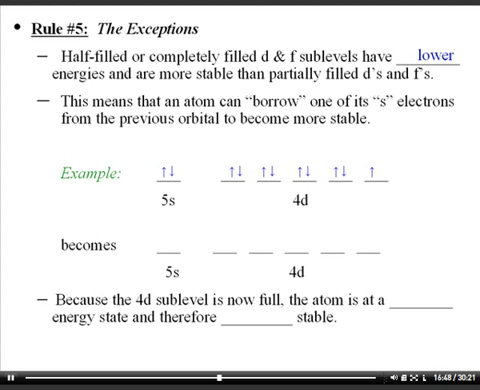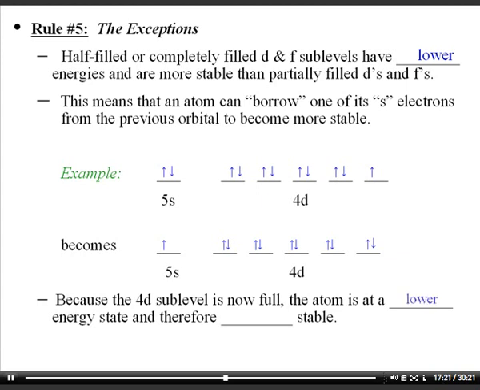So what happens in this particular element is that it borrows an electron. Watch what happens. This animation's awesome. There we go. So the electron from the 5s gets promoted to the 4d sublevel. Now the energy distance, if you want to describe that as like a ladder rung, the amount of energy it takes to go from 5s to 4d is rather small. So the payoff is pretty great for this element. So it takes one of its electrons from 5s, promotes it to 4d, and then the entire element is more stable.